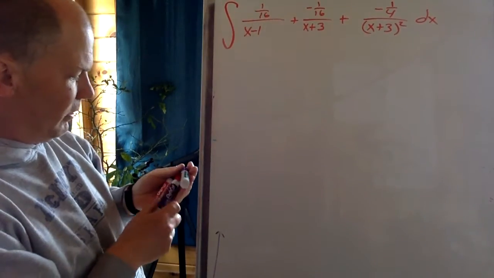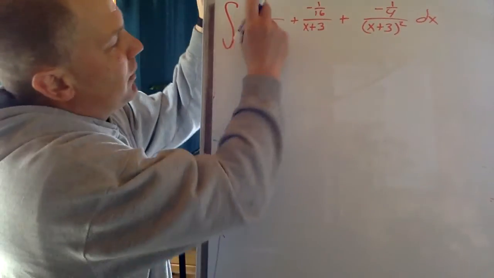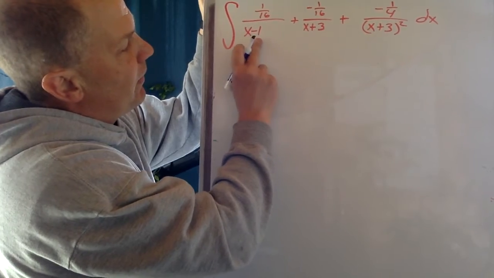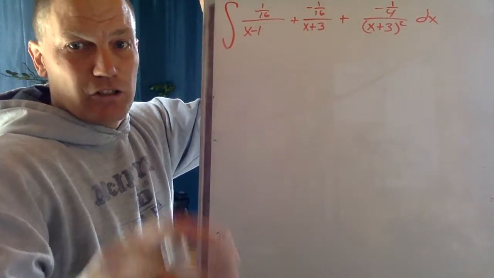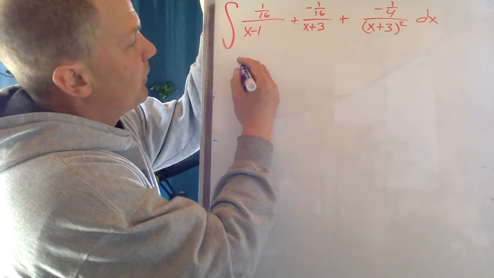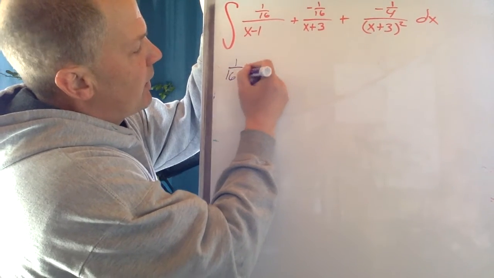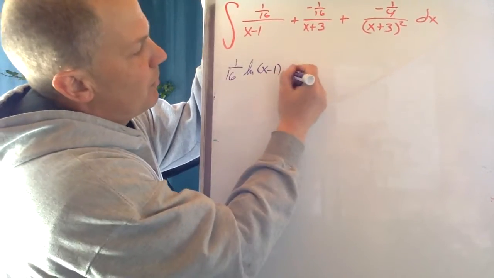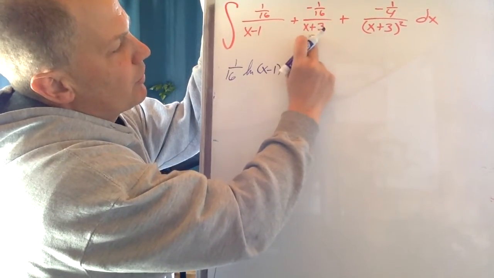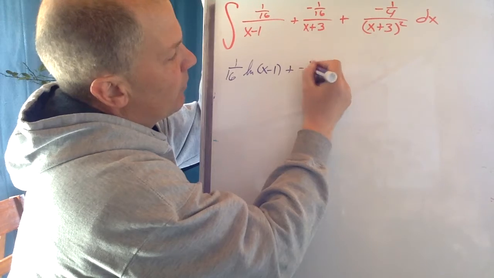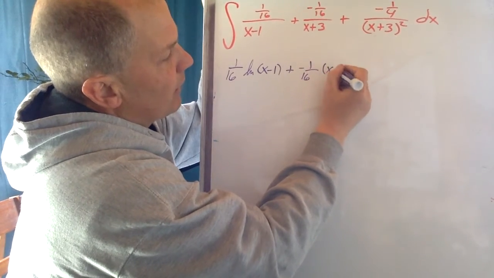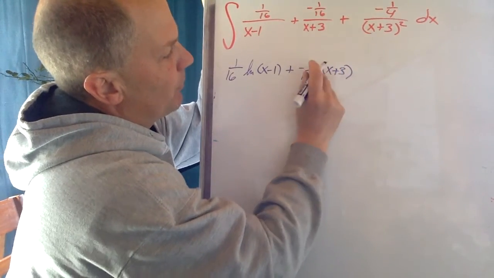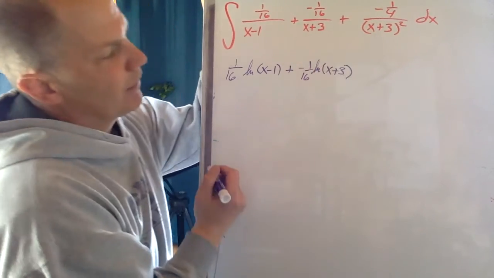So what we should remember is the integral of this over just a single linear term down here means that this is really going to be 1/16 ln of x minus 1. Plus, same thing, linear term, no problem at all, negative 1/16 ln of x plus 3.